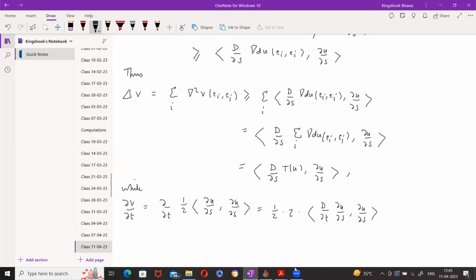And here by symmetry, I can interchange d del t and del s. This will become inner product d del s of del u del t, inner product del u del s.